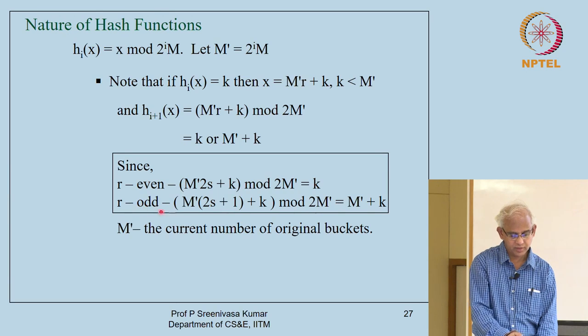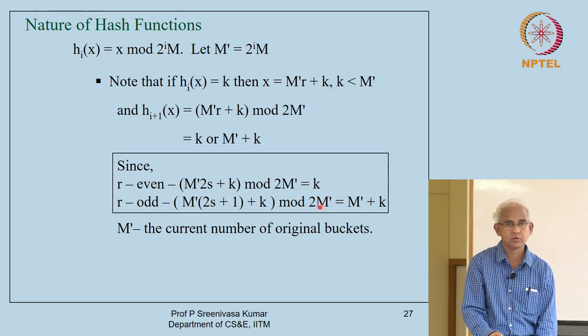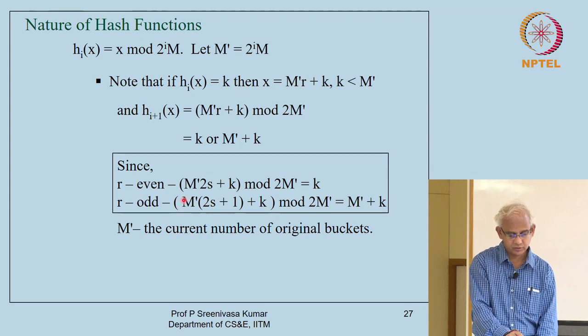If r is odd, then m' times 2s plus 1 plus k mod 2m', in which case you can see that this one will give you m', and so this will be m' plus k.